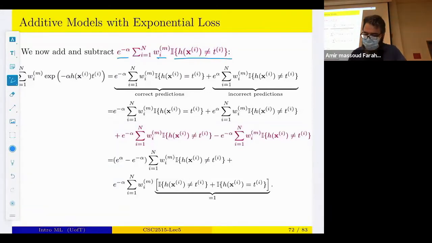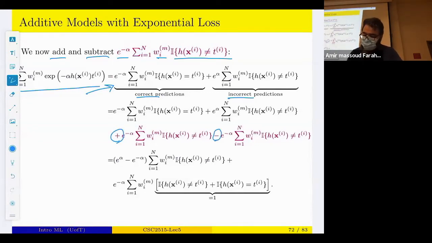So I'm adding and subtracting this term. This was from the previous page: our loss function can be written as the correct prediction and incorrect prediction parts. And then I add these two terms, like +1 and -1.